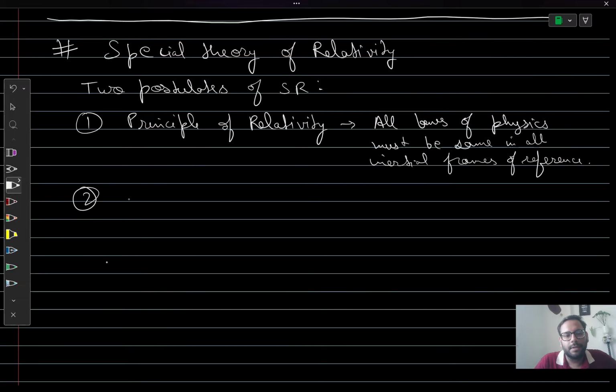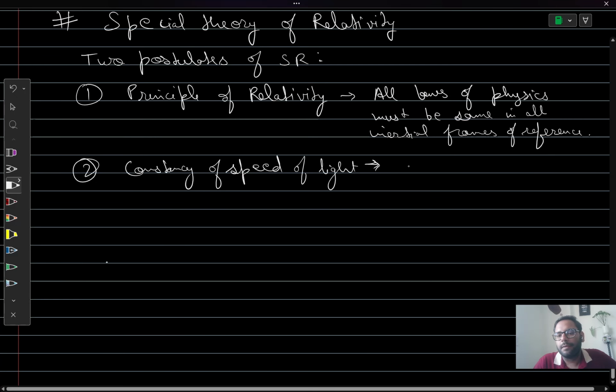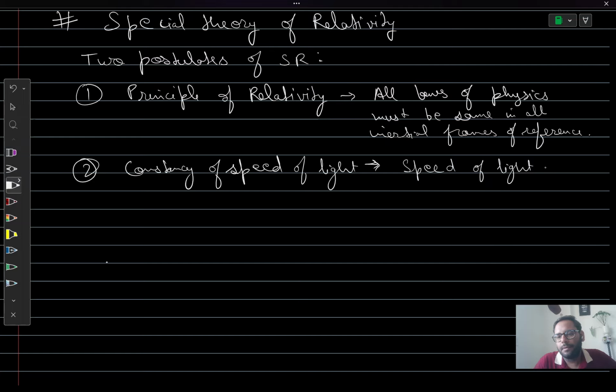The second postulate is constancy of the speed of light. These are the only two assumptions. Then we can derive the whole special theory of relativity. The speed of light is constant in all inertial frames of reference.